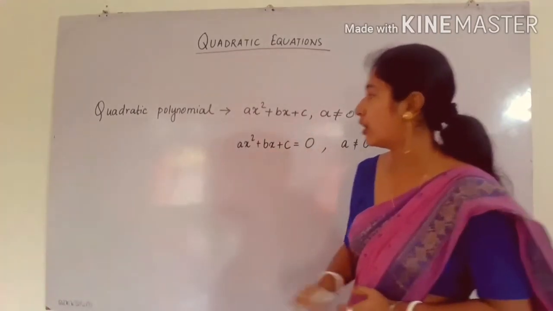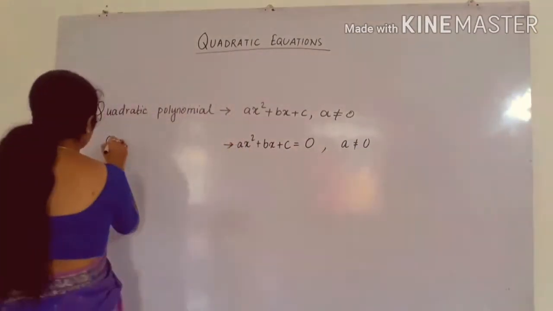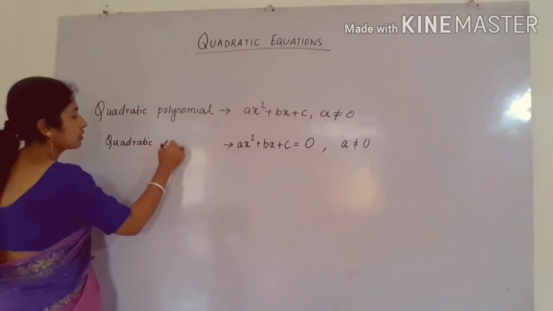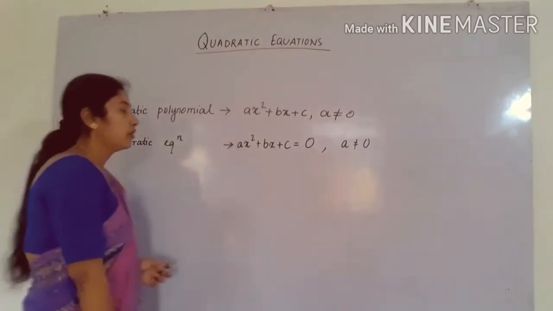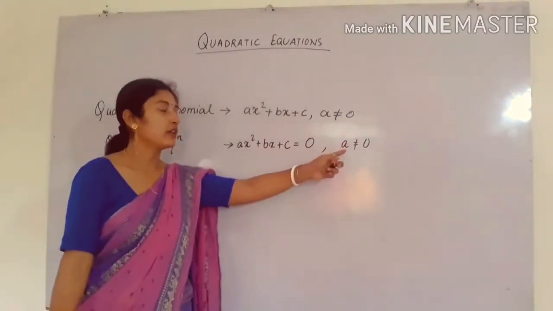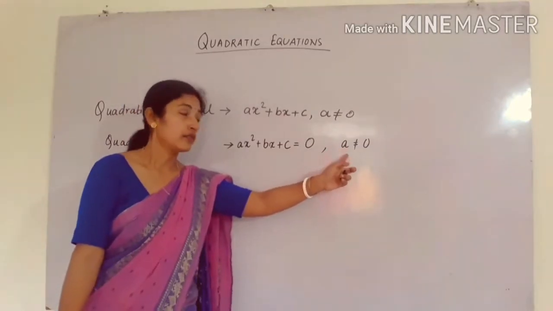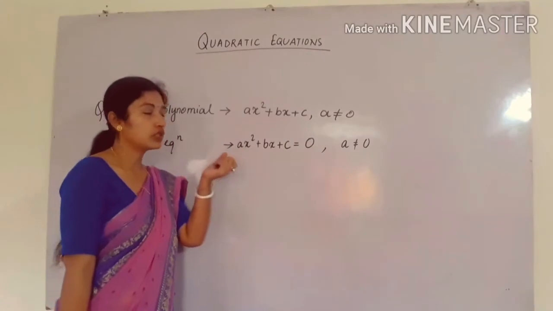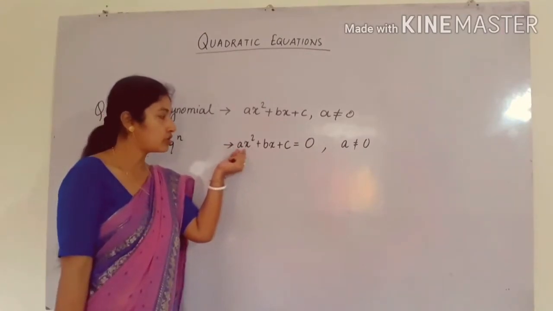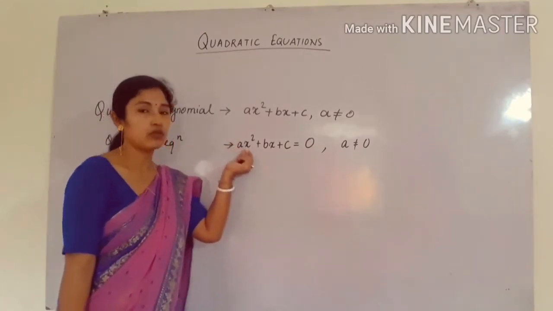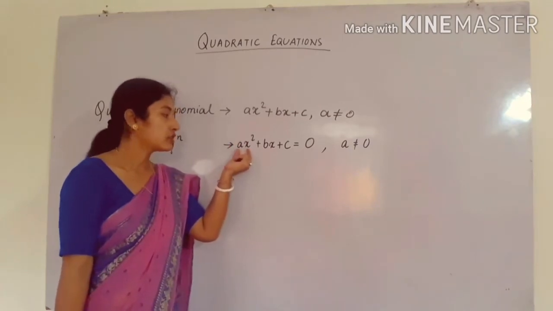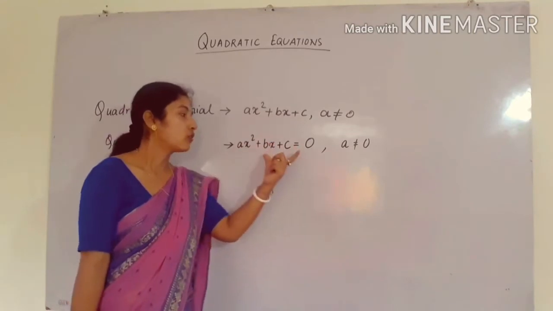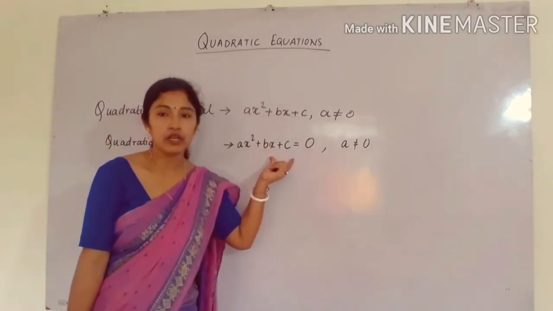So this is called what? This is called a quadratic equation. A is not equal to 0. Why? The condition that it is written as a not equal to 0, because if a is equal to 0, then what happens? 0 into x square, this term will become equal to 0, and if this is equal to 0, this equation will not remain a quadratic equation.